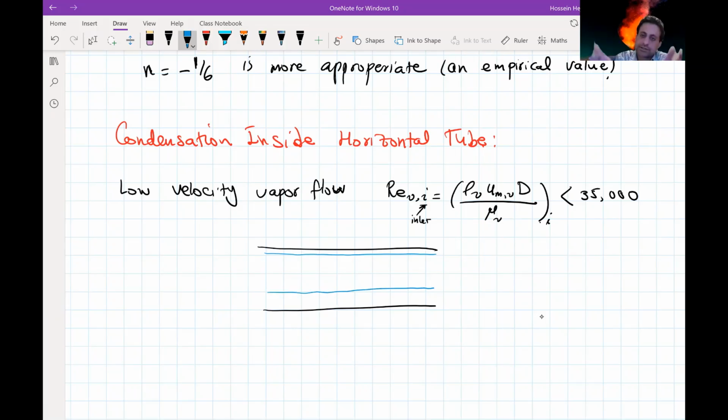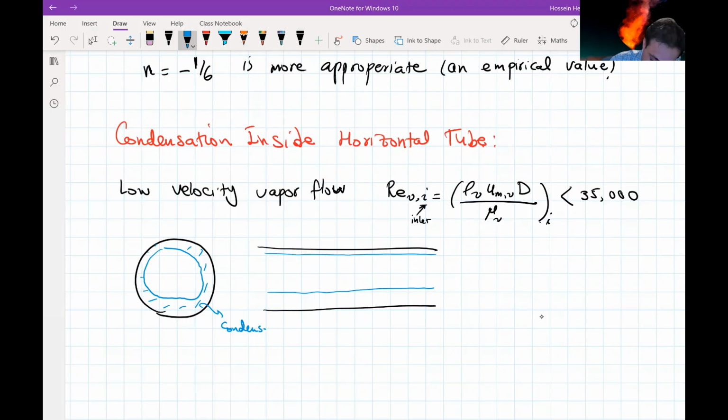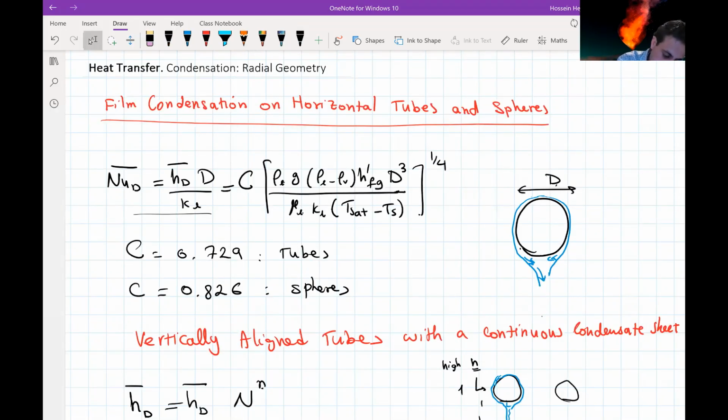So the condensate is going to be around the surface, but mainly it's going to be accumulated at the bottom, so we're going to have a thicker layer there. If I look at the cross section, we see the condensate building up here. This is going to be condensate and this is going to be vapor. For this system, we use exactly the same correlations that we have for the vertical one with minor differences.